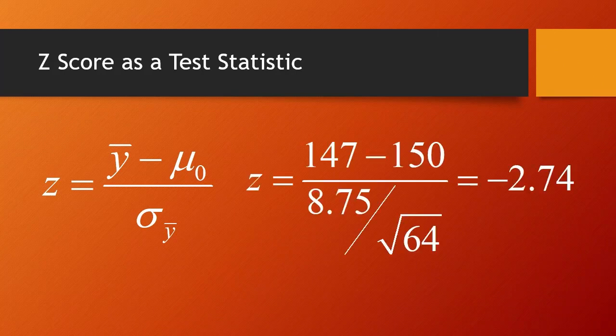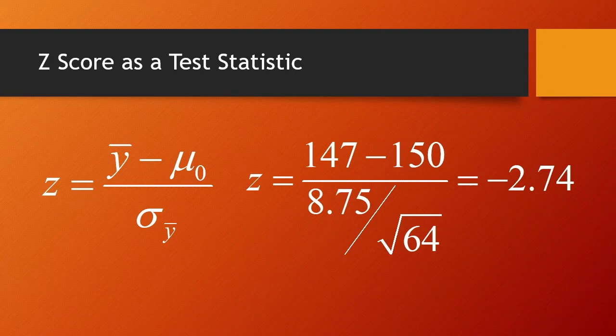In the case of our example, that would be the mean of 147 minus a hypothesized mean of 150, divided by the standard deviation of the means, which is the standard deviation of the scores divided by the square root of the sample size. If we do this calculation, that equals minus 2.74. So our test statistic for this example is z equals minus 2.74.